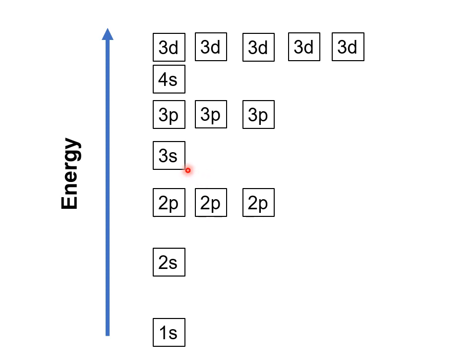The 3s holds two electrons. The 3p's together hold 6 electrons, just like the 2p. The 4s holds 2 electrons, and the 3d's together hold 10 electrons, 2 in each of the 5 subshells. And this continues on and on.